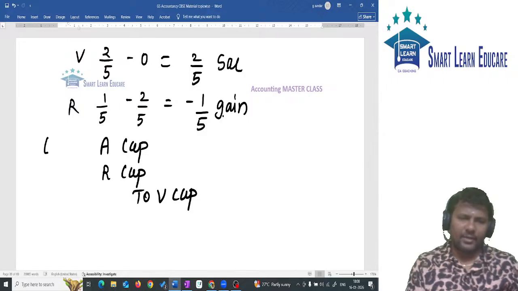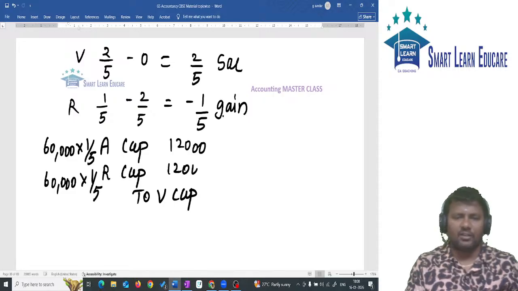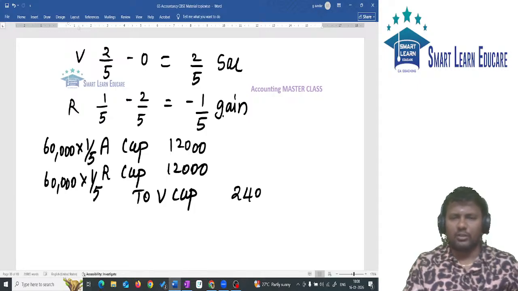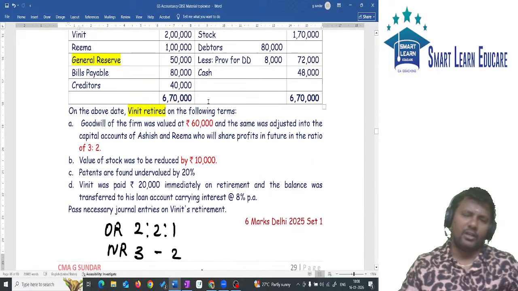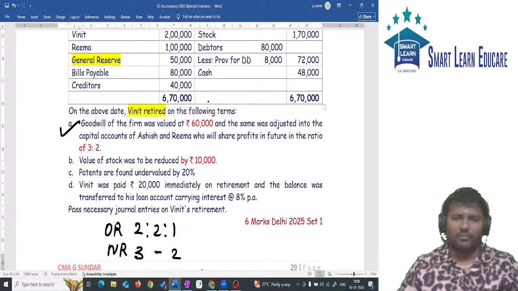So A's capital, 60,000 into 1 by 5 will give you 12,000. Again R, 60,000 into 1 by 5 will give you 12,000. To V's capital it is 24,000. Goodwill entry over. First step ratio, then goodwill over.